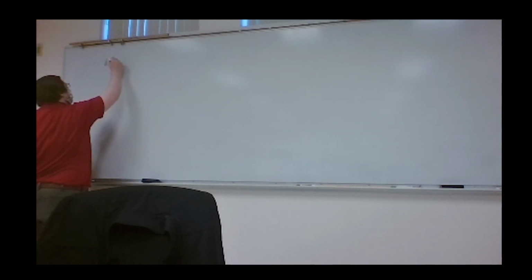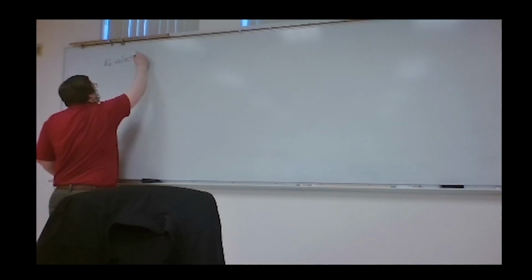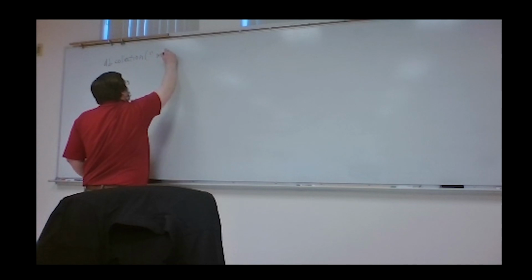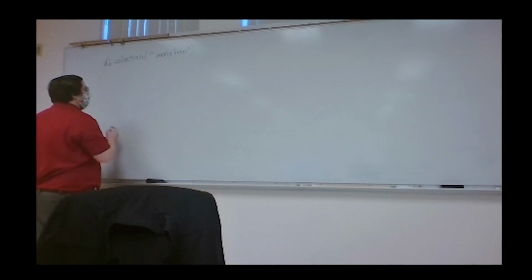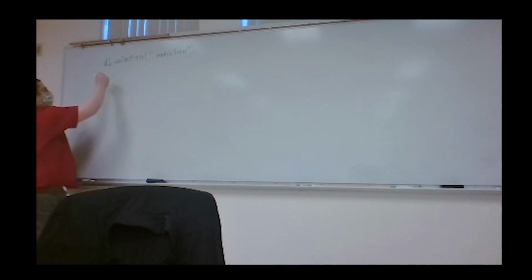Okay, let me put something on the board then. So if I say db.collection, this is one method to get that list. Movie votes. If I just run that query, that's going to give me a document for, actually I need the where in there.